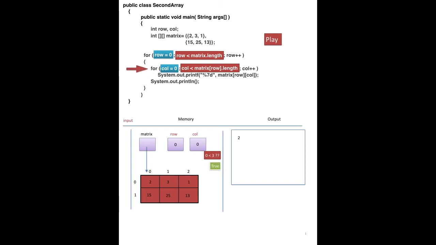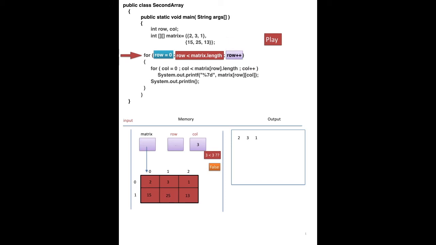So we print and increment column. Then we check 1 less than 3, true. So we print the second column, increment column to 2. Is 2 less than 3, true. We print the third column, we increment column to 3. Check if 3 is less than 3. This is false, so we finished the first row.